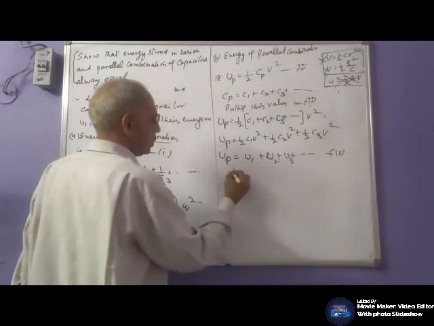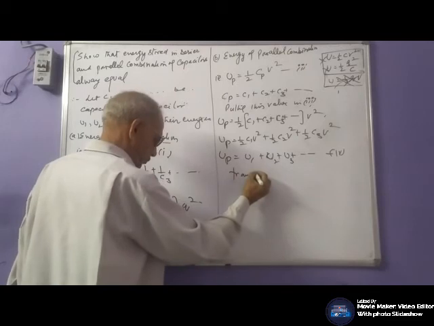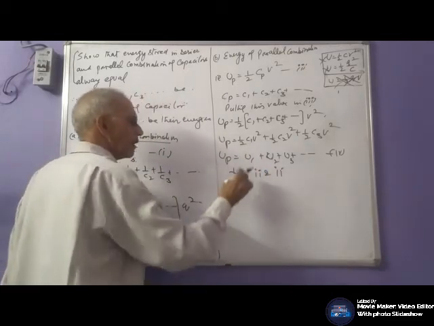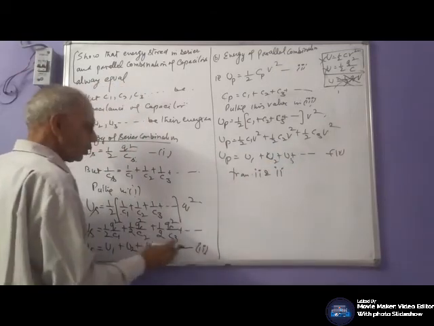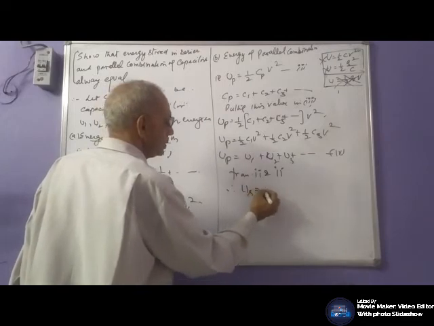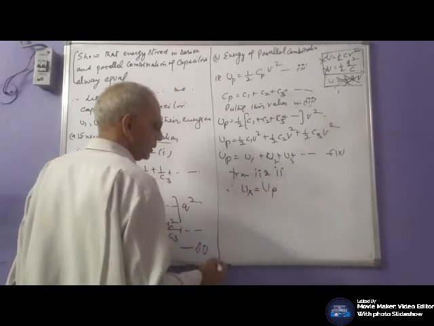Fourth, from second and fourth, compare right side, both are equal, so left side will be equal, therefore US is equal to UP.